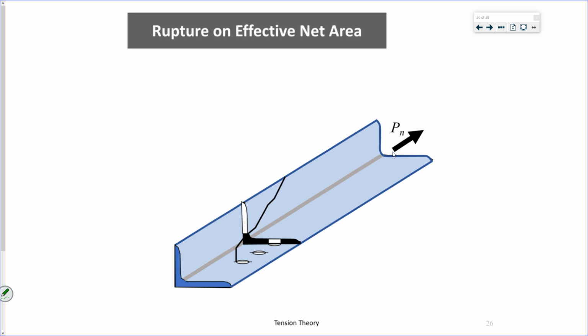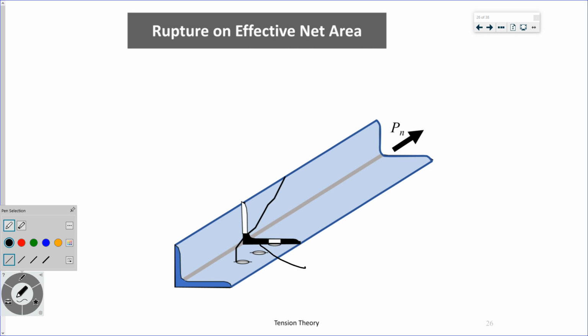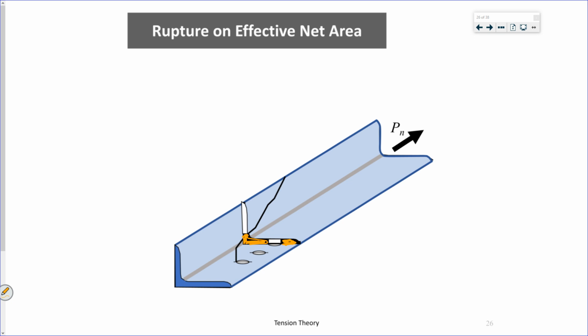And that's what this little drawing is saying. Only the sections in black, right? Only these sections. This is my cross section at the bolt hole where I'm going to have rupture, at the bolt line where I'm going to have rupture.